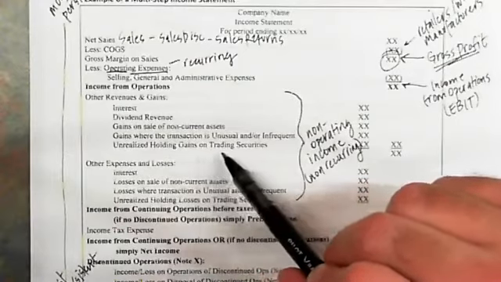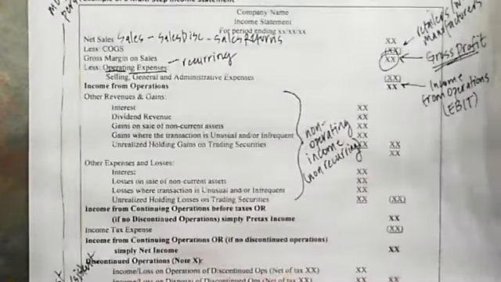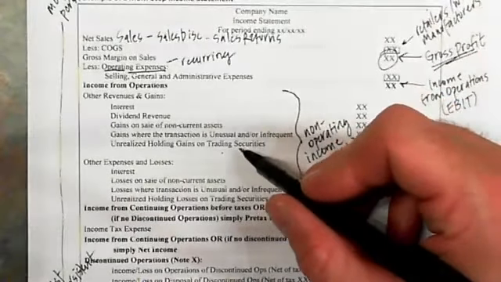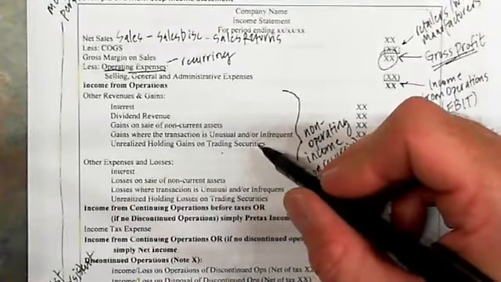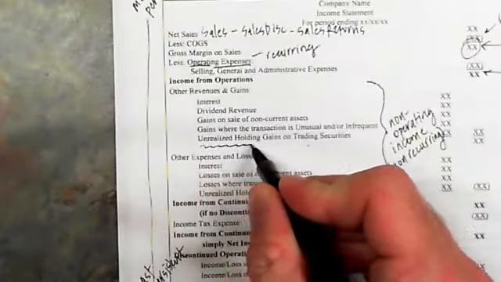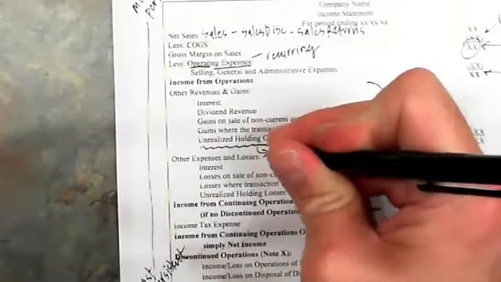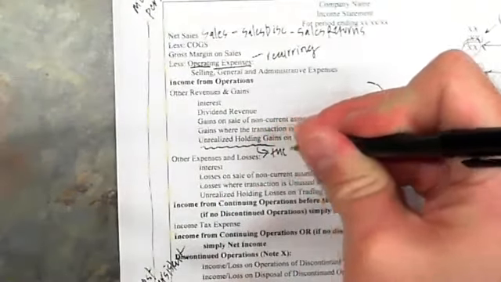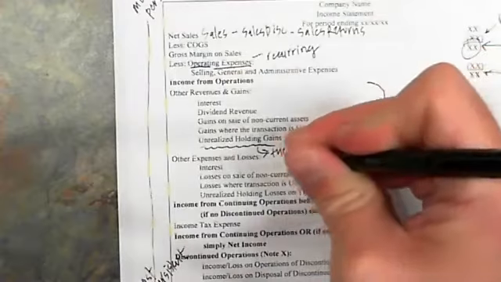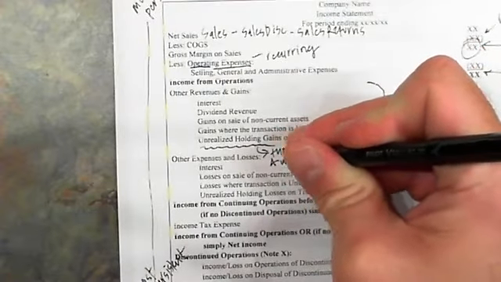Unrealized holding gains on trading securities. Now, we talked about trading securities in the balance sheet chapter. Remember, these are the ones that management intends to sell on a regular basis. Well, those unrealized holding gains go in here. And notice we call them a holding gain and they're unrealized. That means that the stock we're holding, the equity security, appreciated and we haven't sold it.